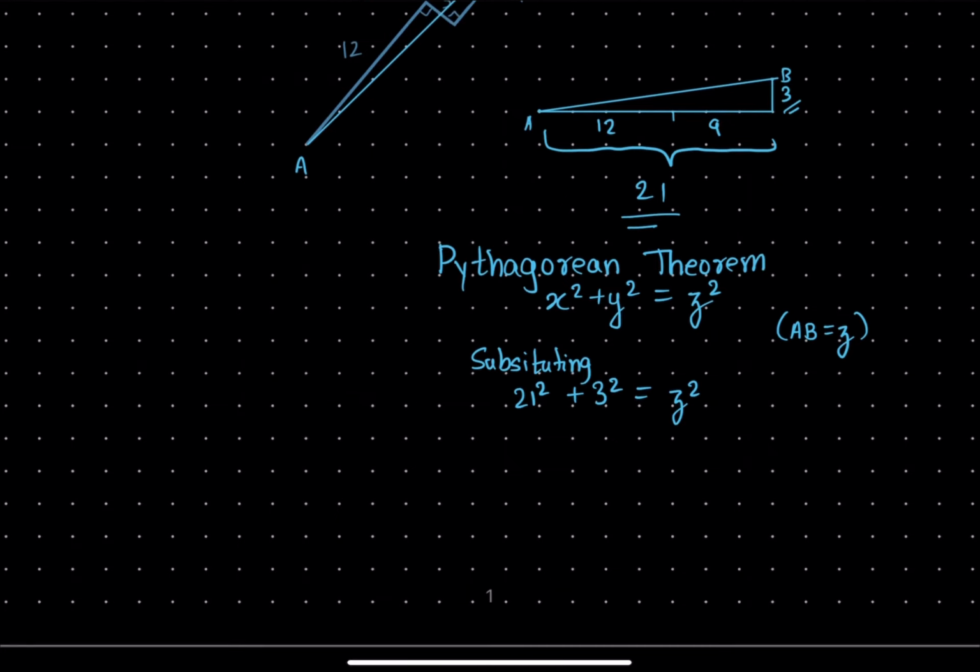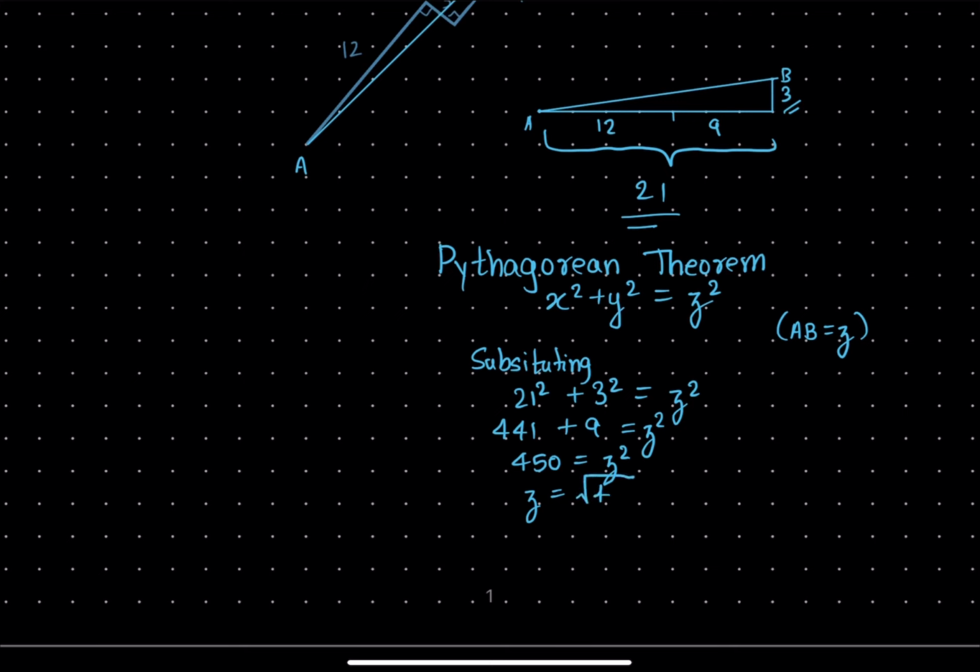So what is 21 squared? 21 squared is 441, and 3 squared is 9. So z squared is 450. Now, we found out what z squared is, but that's not what we need. We need what z is, what AB is, not AB squared. So we're going to find the square root of 450.